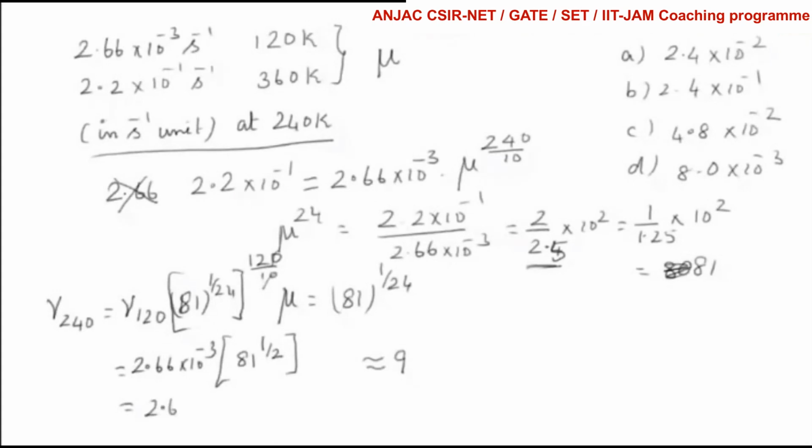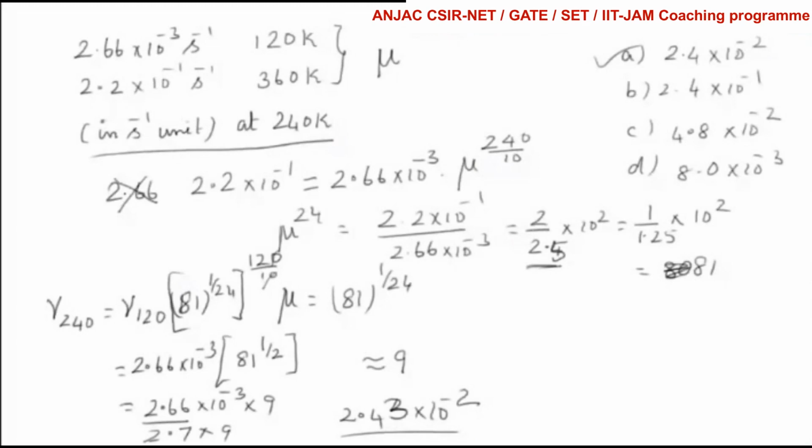Therefore 2.66 into 10 power minus 3 into 9, or you can make it 2.7 into 9, is equal to 2.43 into 10 power minus 2. This is the value. So your answer is 2.4 into 10 power minus 2. This way you can easily work this out.